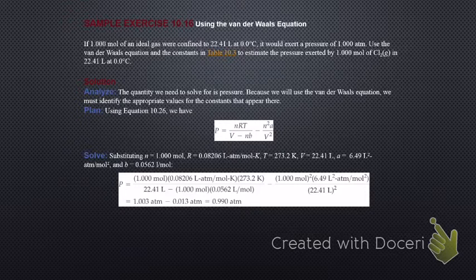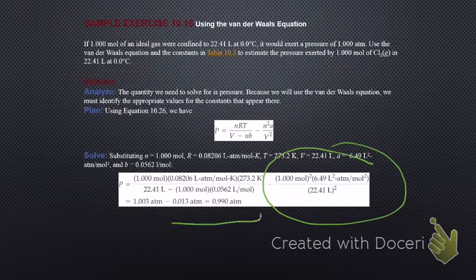So we have 1 times 0.0826 times the temperature, 273, divided by 22.41 minus 1 times 0.0562, minus this entire term, which was n squared, which is 1 squared, times 6.49, that was given to you in the table, divided by 22.41 squared.